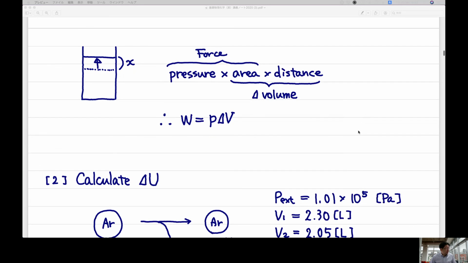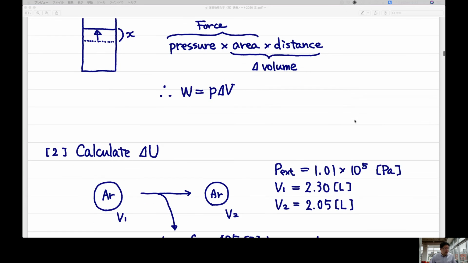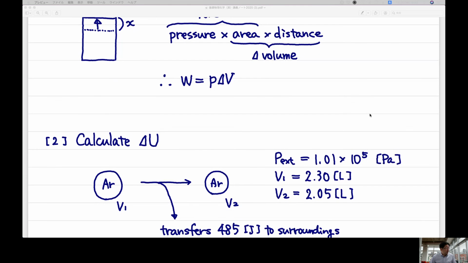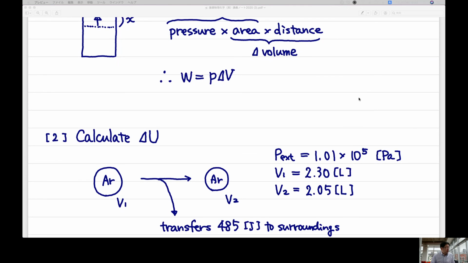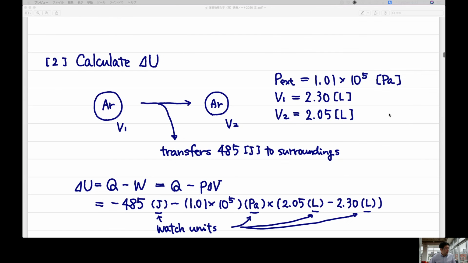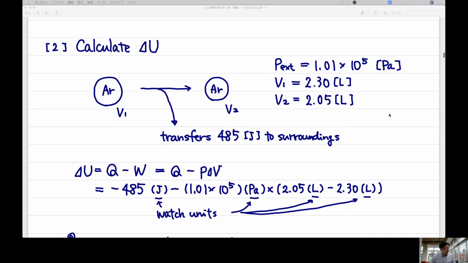Then we can calculate the change of internal energy by the use of the change of volume and pressure. Okay, this is one of the good examples of how to calculate the delta U, I mean the change of internal energy.